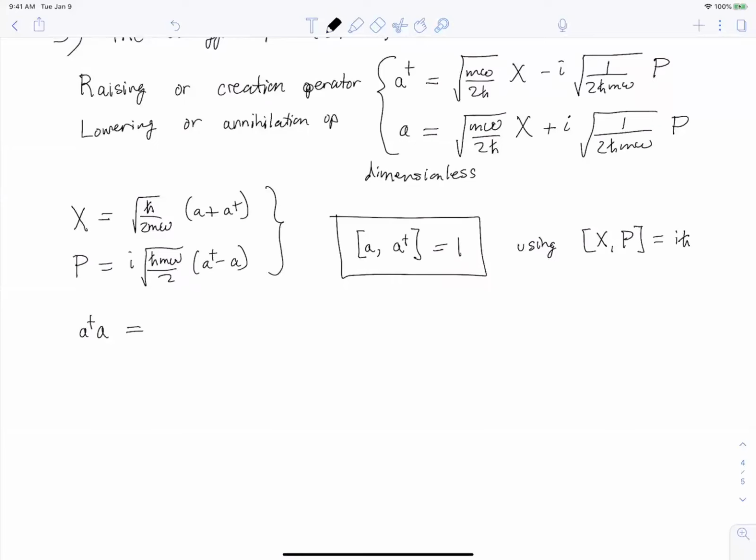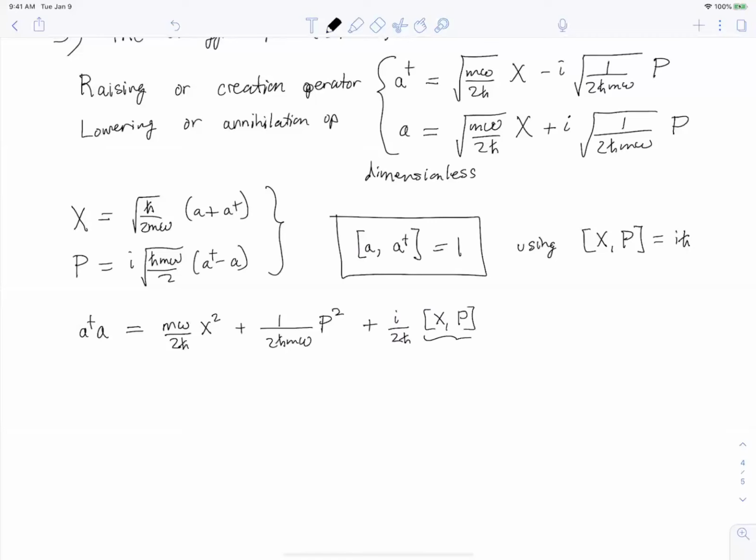And so you just plug in the definitions and multiply through all the operators, and you get the following: m omega over 2 h bar times x squared, plus 1 over 2 h bar m omega times p squared. And then there are the cross terms, which arrange themselves into i over 2 h bar times the commutator of x with p.